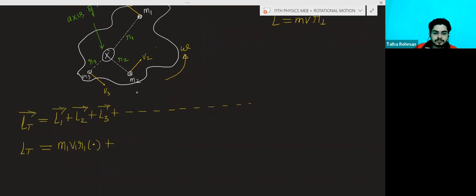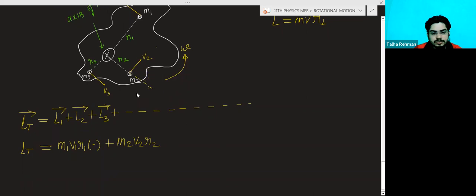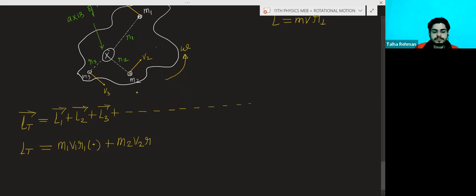You extend r2 for the direction and move like this. So this is also anti-clockwise, so it is also outward.